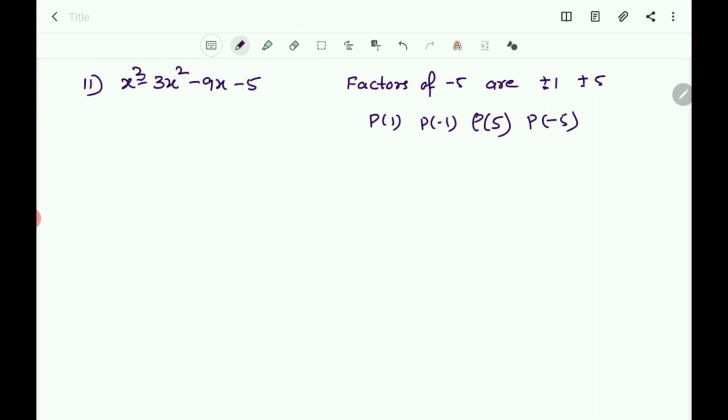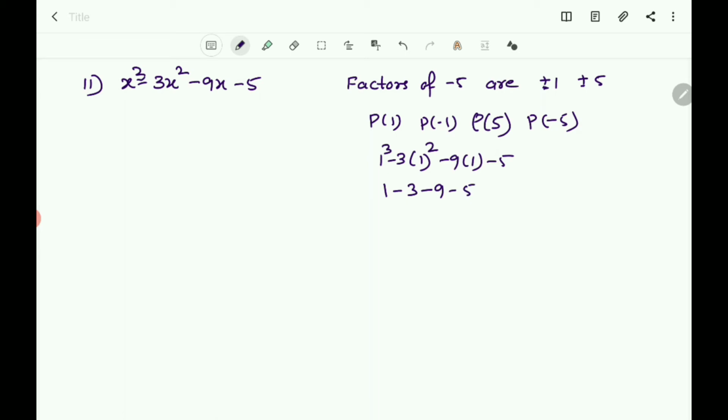And you verify one by one. First let us verify p of 1. So that becomes 1 cube minus 3 into 1 square minus 9 into 1 minus 5 here. That becomes 1 minus 3 minus 9 minus 5.